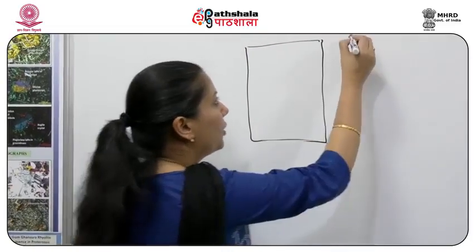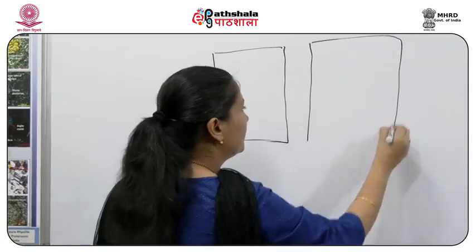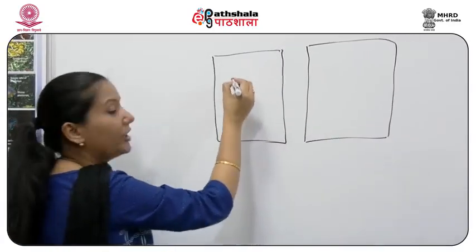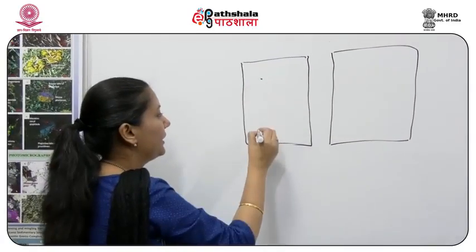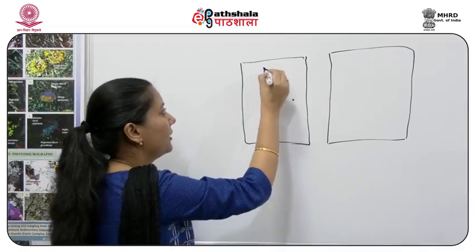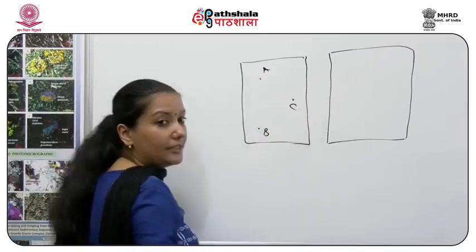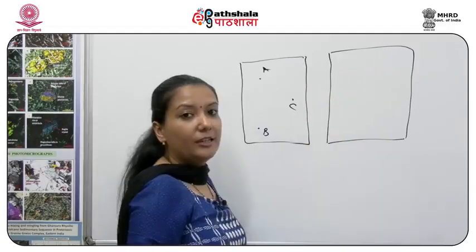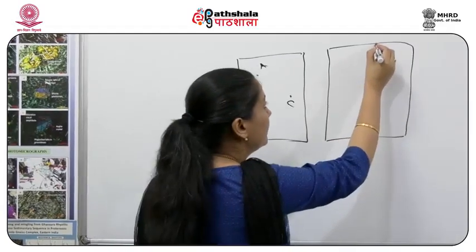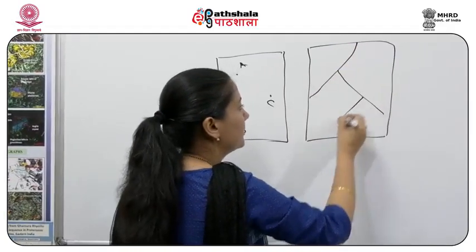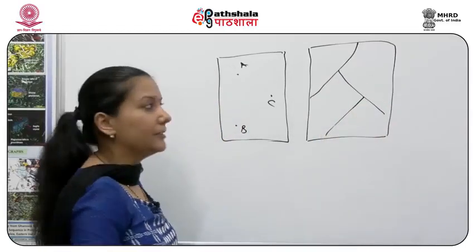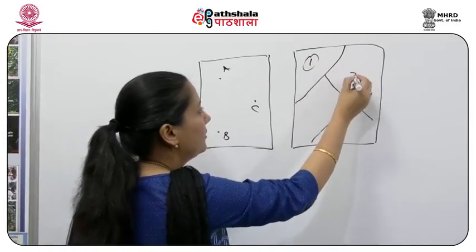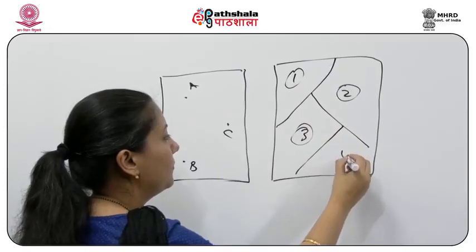One is your point feature and the other is the polygon feature. Suppose I collect the data at 3 points A, B and C, and for the same area I have polygon data, suppose this. So I have 4 polygons here, and maybe this is 1, 2, 3 and 4.